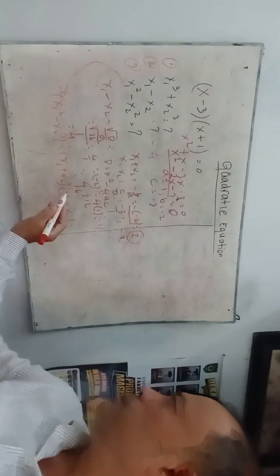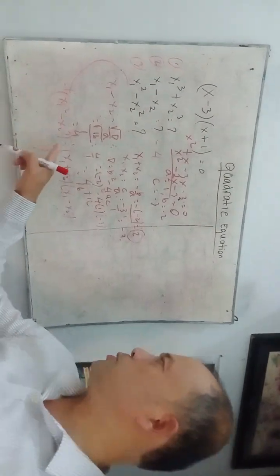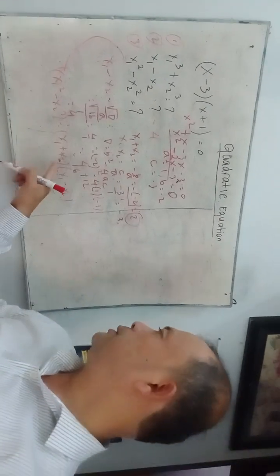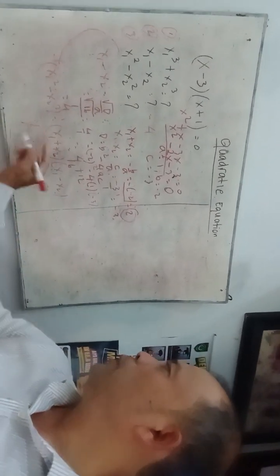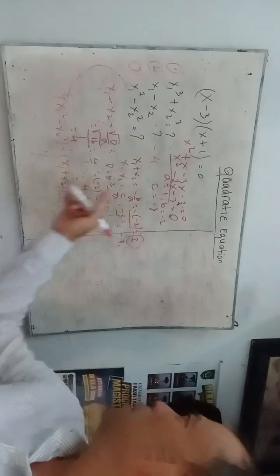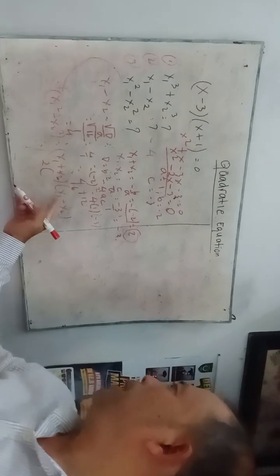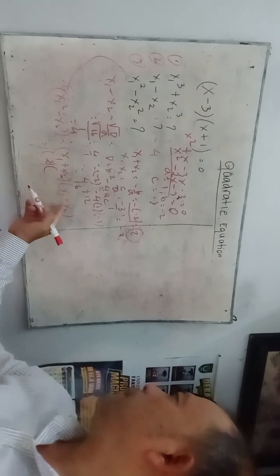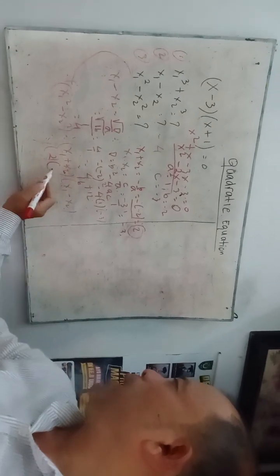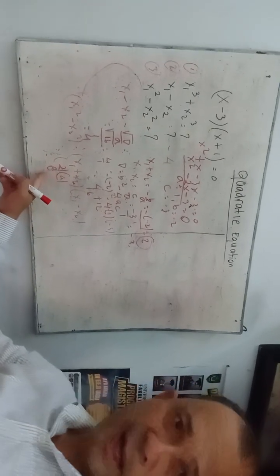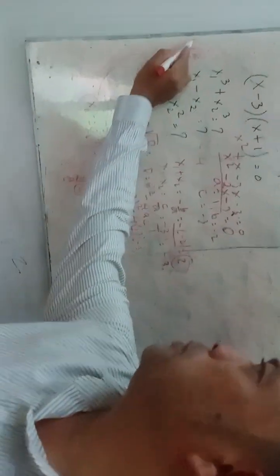Once again, x1 square minus x2 square equals in brackets x1 plus x2 times x1 minus x2. You know that x1 plus x2 is minus b over a, and we have the value of 2. x1 minus x2 we have here 4. So 2 times 4 is 8. And then we have answer number 2 and number 3.